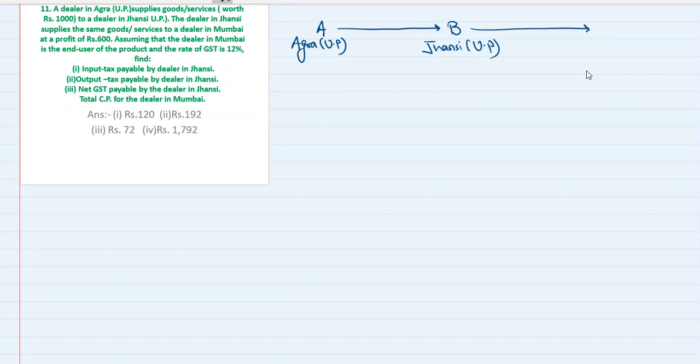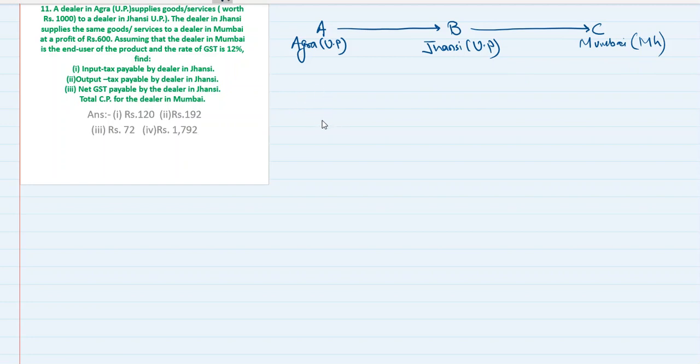That's why we must mention where each of the dealers is located, so that you have clarity of the situation. Otherwise you yourself will get confused. So the end user, who is C, is in Mumbai, Maharashtra.